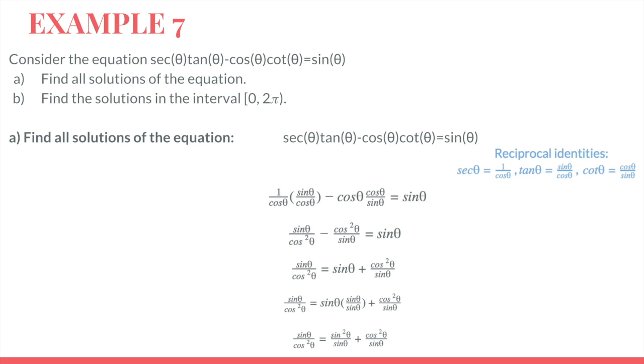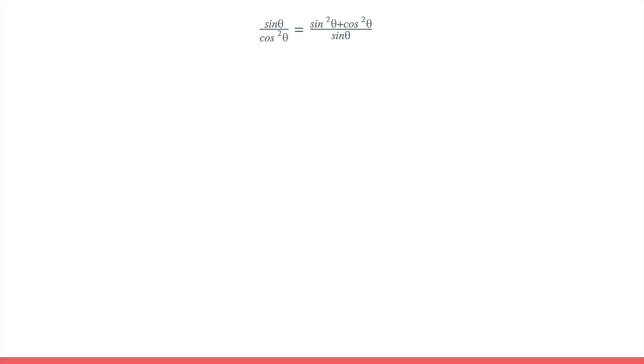In the numerator of the right side fraction, we have sine squared theta plus cos squared theta. Recall the Pythagorean identity, sine squared theta plus cos squared theta equals 1. We can use this substitution to make solving our equation easier. When we substitute 1 in for sine squared theta plus cos squared theta, we get the equation sine theta over cos squared theta equals 1 over sine theta.